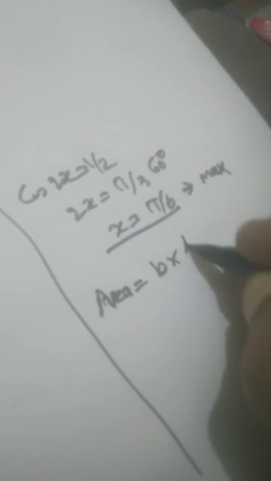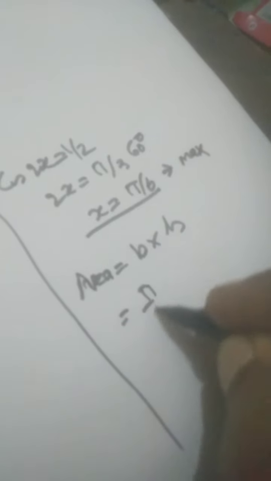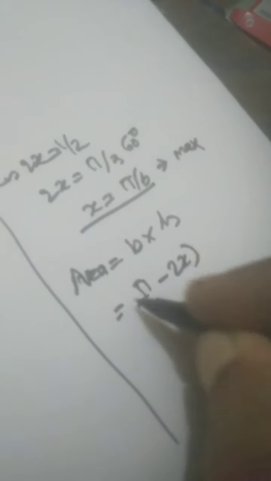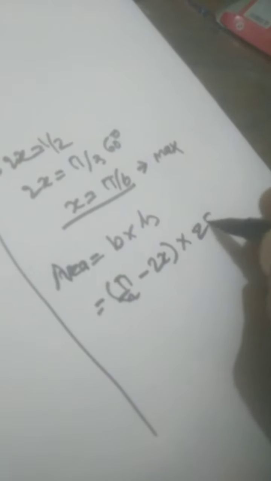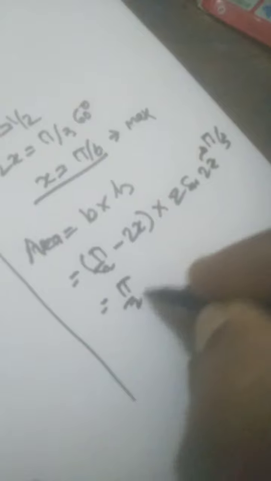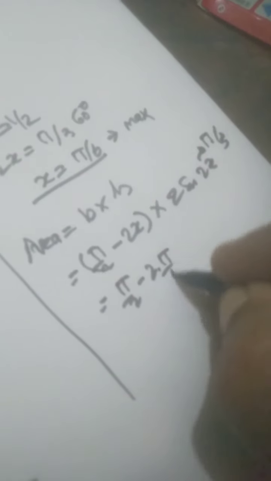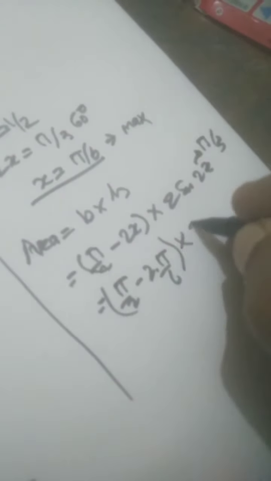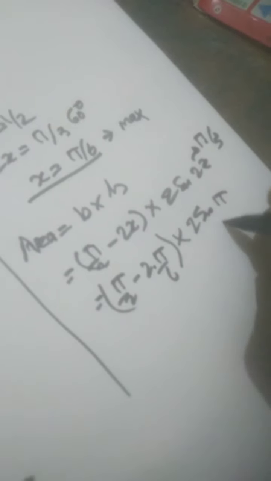Now it is easy for us to find the area. What is the area? Base into height. The base is pi by 2 minus 2x and the height is 2 sine 2x. Since 2x is pi by 3, the base is pi by 2 minus 2 into pi by 6, which is pi by 6, into 2 sine pi by 3.